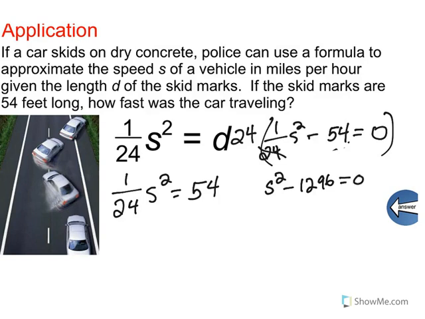Now, I see a binomial here, and I'm tempted to assume that this is going to be a difference of squares. And so because I think it might be a difference of squares, I want to look to see what the square root of 1,296 might be.